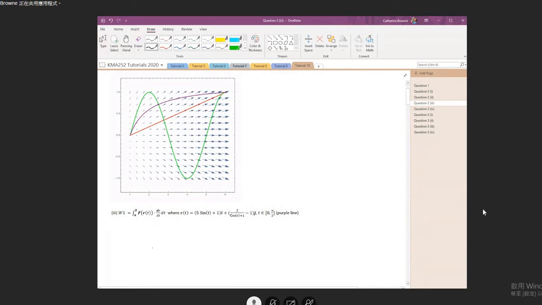So this one, a is at 1, 0 still, which is where t is equal to 0, and this point here is b, 6, 1, and t is equal to pi on 2. We're still going in this direction from A to B.